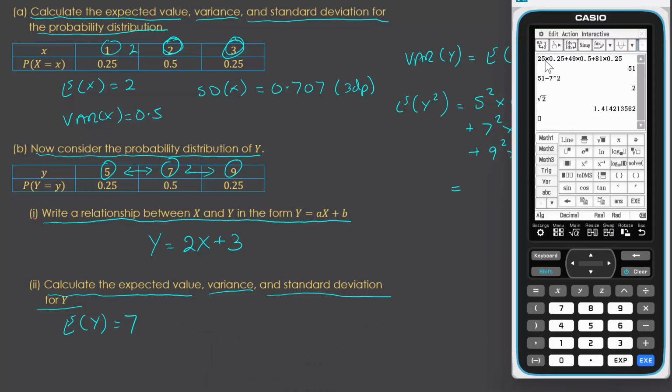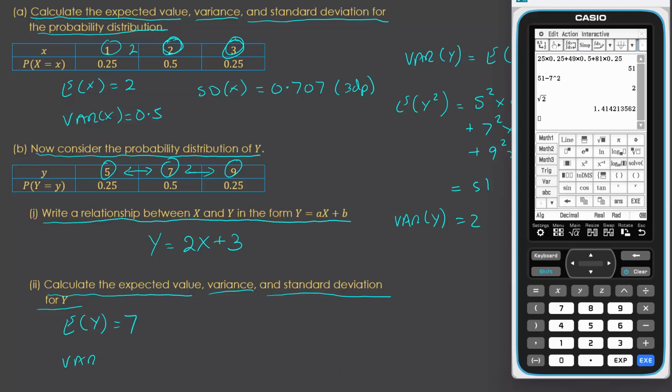So we can see at the top here, I've got the 5 squared times 0.25 plus 7 squared times 0.5 plus 9 squared times 0.25, which gives me the expectation of y squared is 51. And then the variance of y is that take away the 7 squared, which is 2.